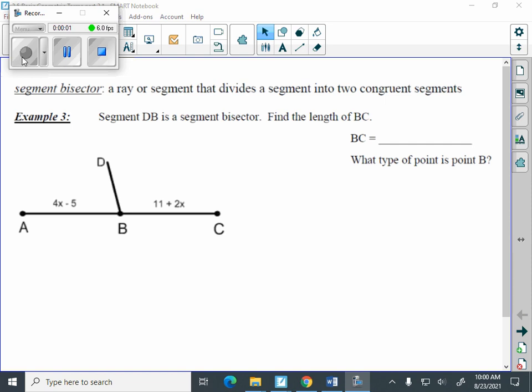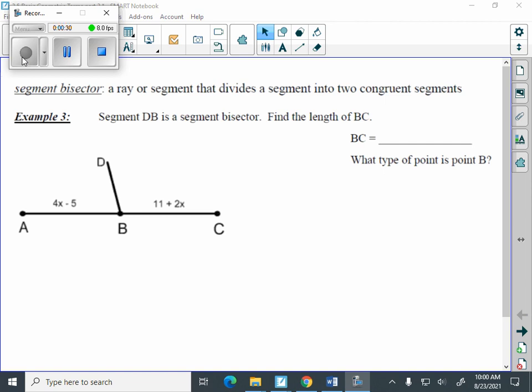Segment bisector. A ray or a segment that divides another segment into two congruent segments. So if we take a look at our example down here, even before I read the problem, just knowing what it says here is that segment AB and segment BC are congruent.